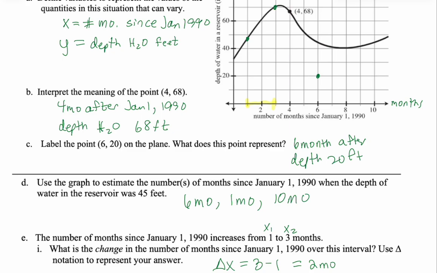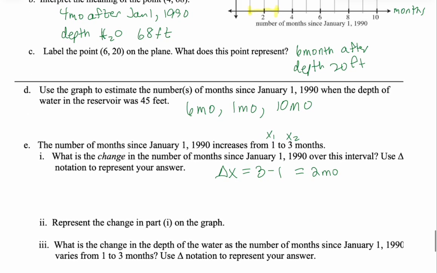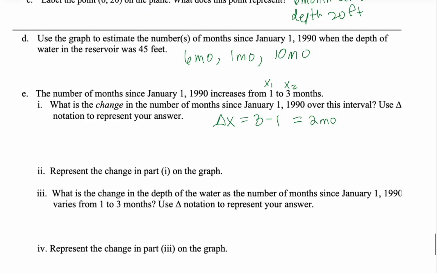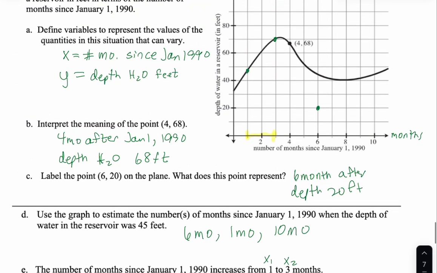Okay. Now, it says, what is the change in the depth of the water from month 1 to month 3? So this would be a change in our Y value. I'd say 45 and 70.